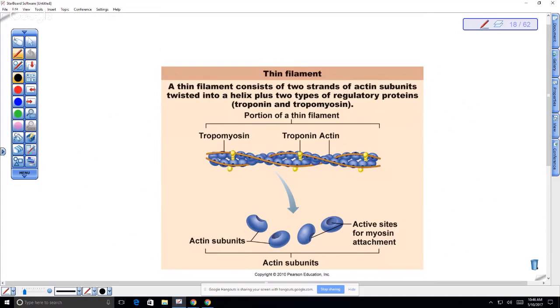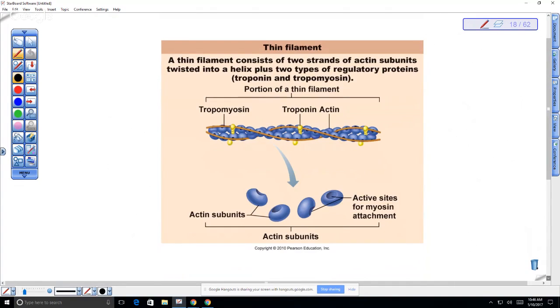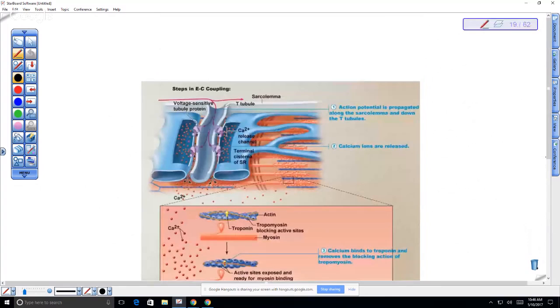So this would be without calcium present. The yellow is the troponin. Right? So if calcium were to bind to that troponin, tropomyosin is going to move, and then those binding sites are going to become available. So in the next image, we see this.